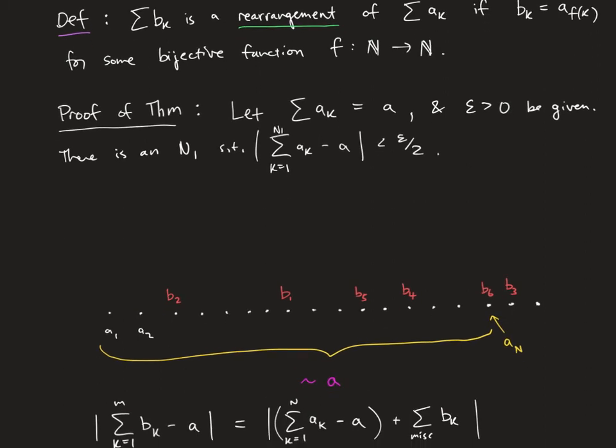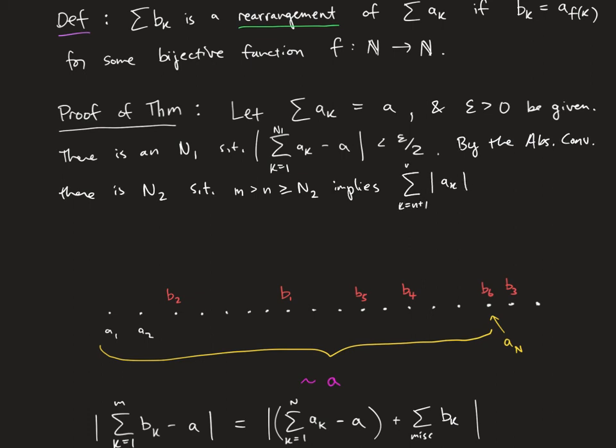So by the absolute convergence, there is N2 such that when M is bigger than N, which is bigger than or equal to that N2, that implies that the sum of the absolute values of a_k, from k equals n plus 1 to m, is less than epsilon over 2 as well.